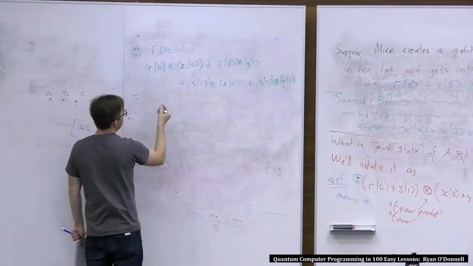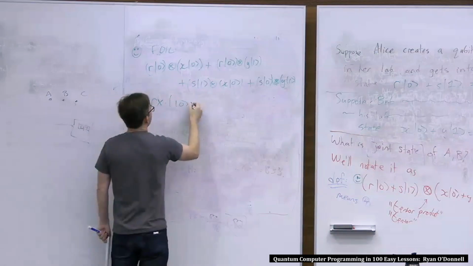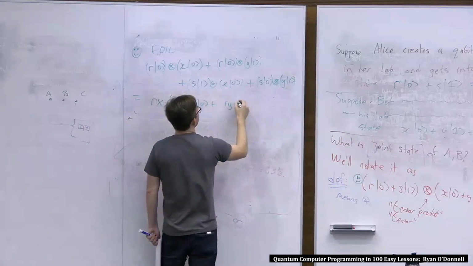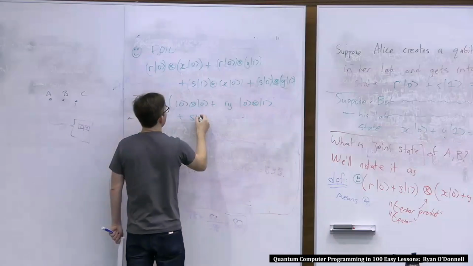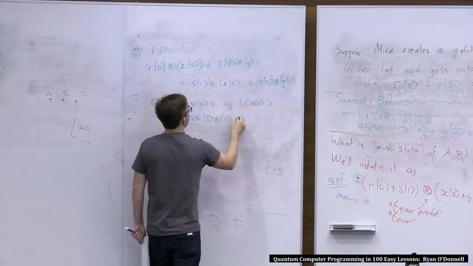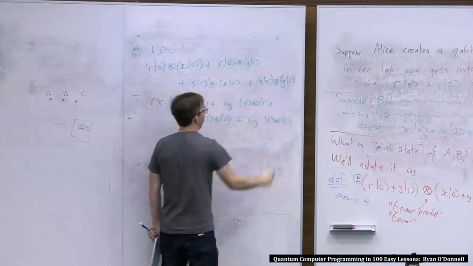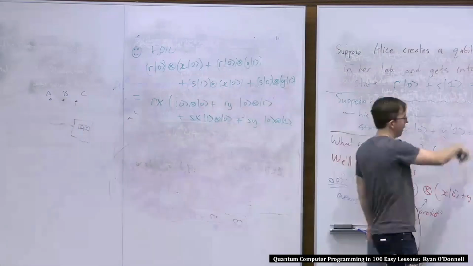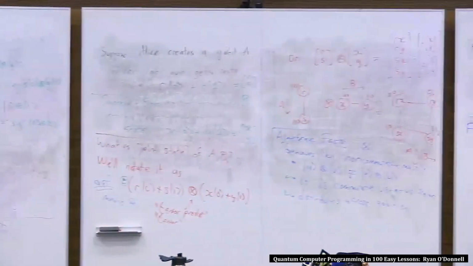So what I mean is, this is Rx times 0 tensor 0 plus Ry times 0 tensor 1 plus Sx times 1 tensor 0 plus Sy times 0 tensor 1. And if you don't believe me, you can look at the definition of what this is and verify that everything I'm writing is true, but you can also take my word for it.